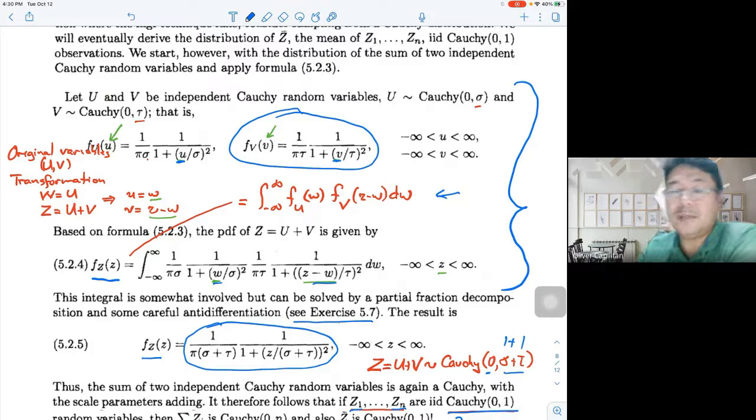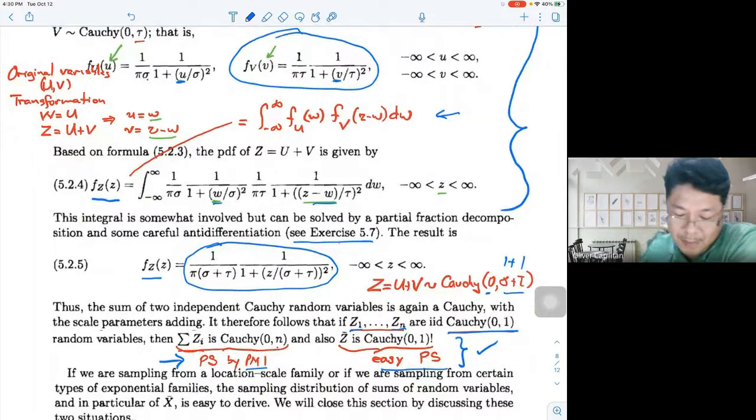Eh kung tatlo na siya, Z sub 1 plus Z sub 2 plus Z sub 3, ano yung distribution niya? Ang distribution ng sum ng Z sub 1, Z sub 2 up to Z sub n, ay yung Cauchy.